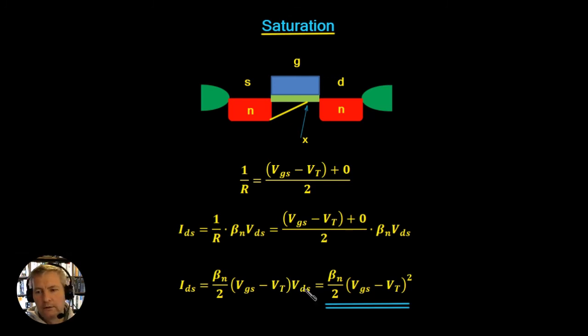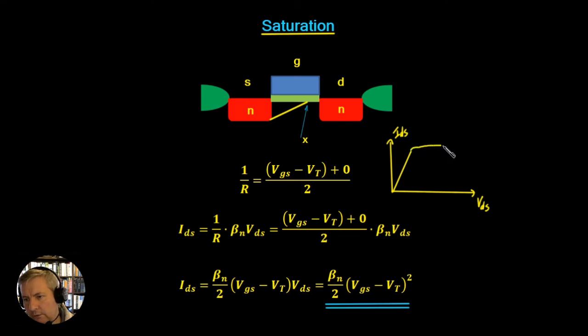But remember that in pinch-off this VDS can be written as VGS minus VT. We've seen that in a previous video when we looked at the transfer characteristics. If we had the IDS here, and we have our VDS along here, then we had a linear portion here, and from the linear portion it then went into saturation.